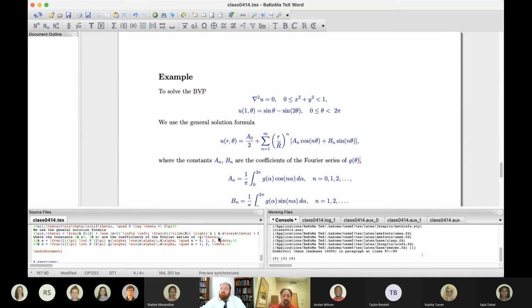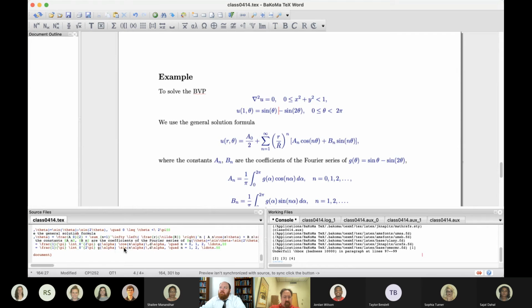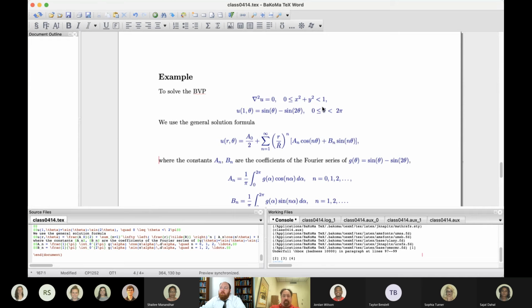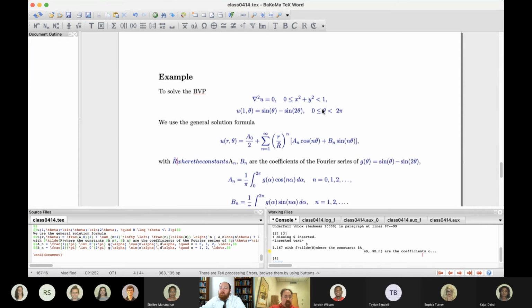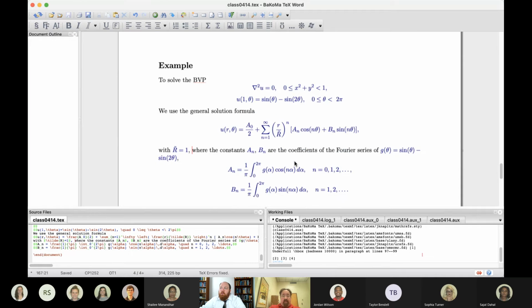All right, so g of theta in this case is our boundary data. In this case, because we're working on a unit circle, radius 1, our radius r tilde will be 1.